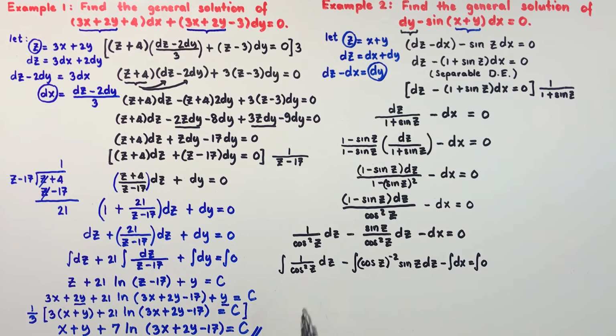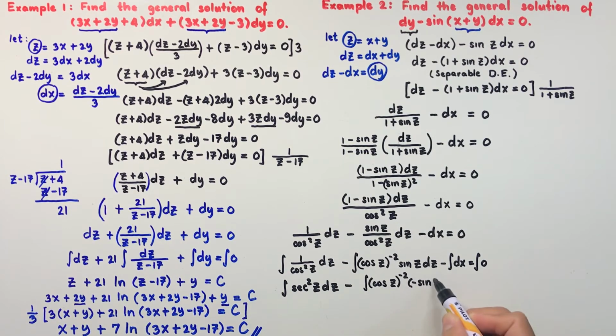And we know by identities that this is just equal to secant squared z. And you notice also that by substitution, if this is your u, which is cosine z, the du is not sine z dz, but it's negative sine z dz. So I will provide there a negative for the sine z dz.